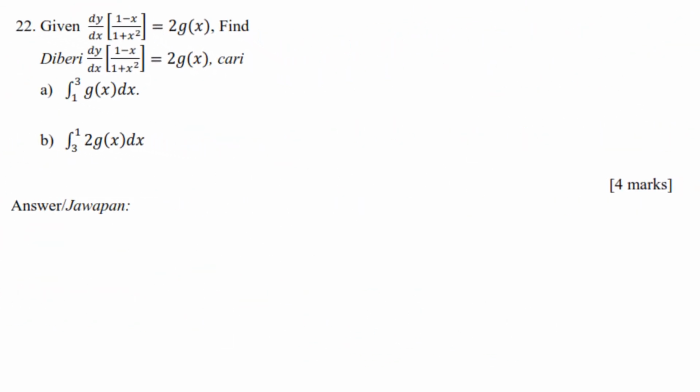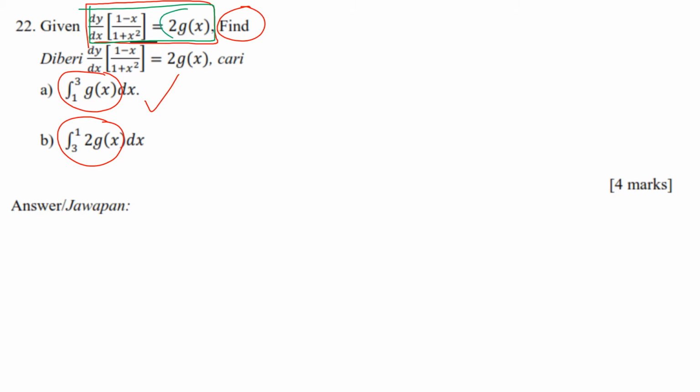Question 22 says, given this information. The question says find this one and this one. So we go and solve our part A first. Before we solve, you need to understand what this is indicating.